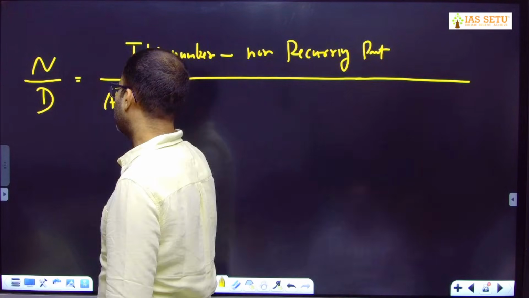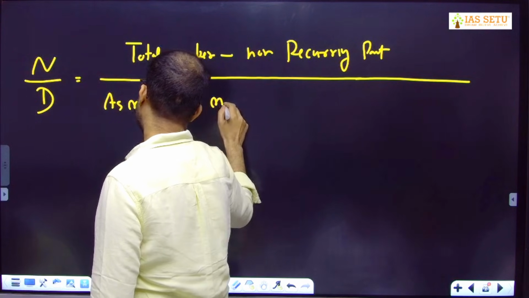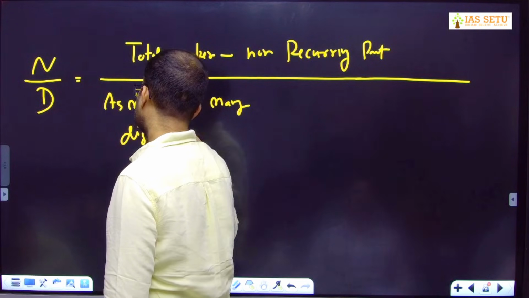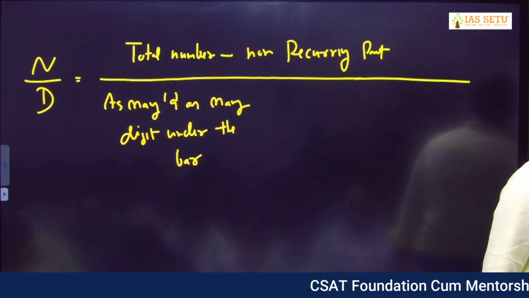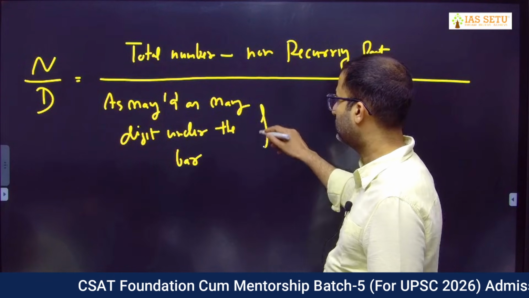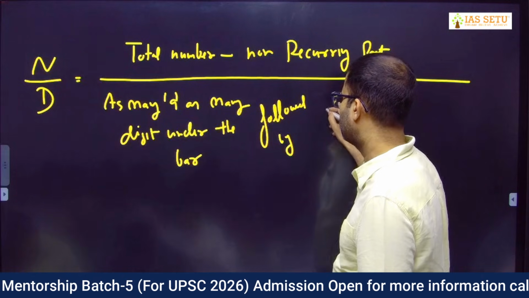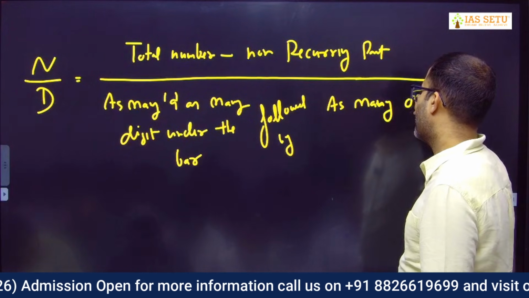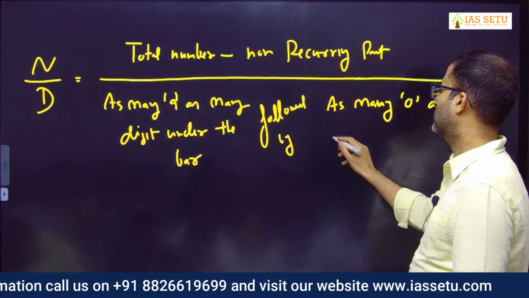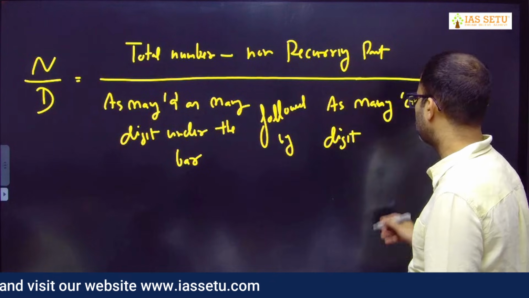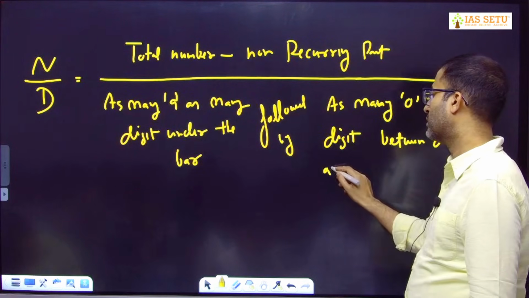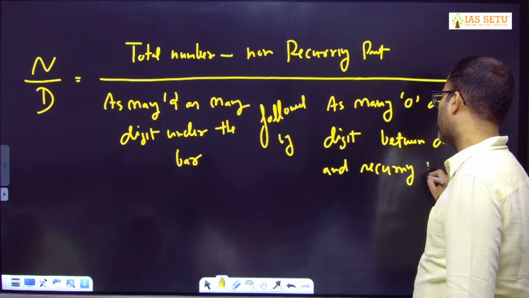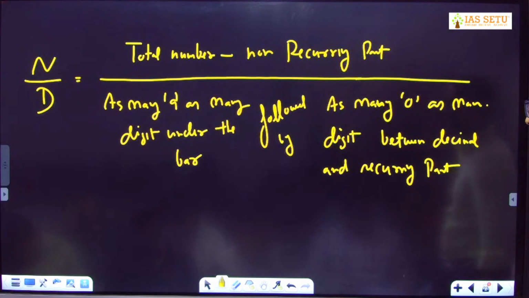First is as many 9s as many digits under the bar, followed by as many 0s as many digits between the decimal and the recurring part.